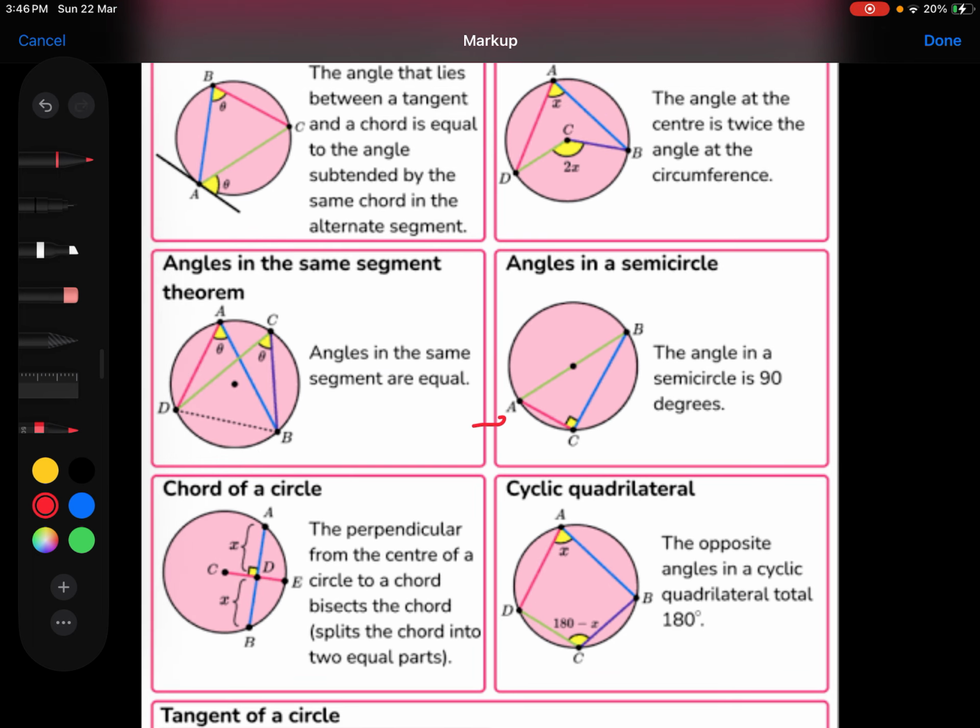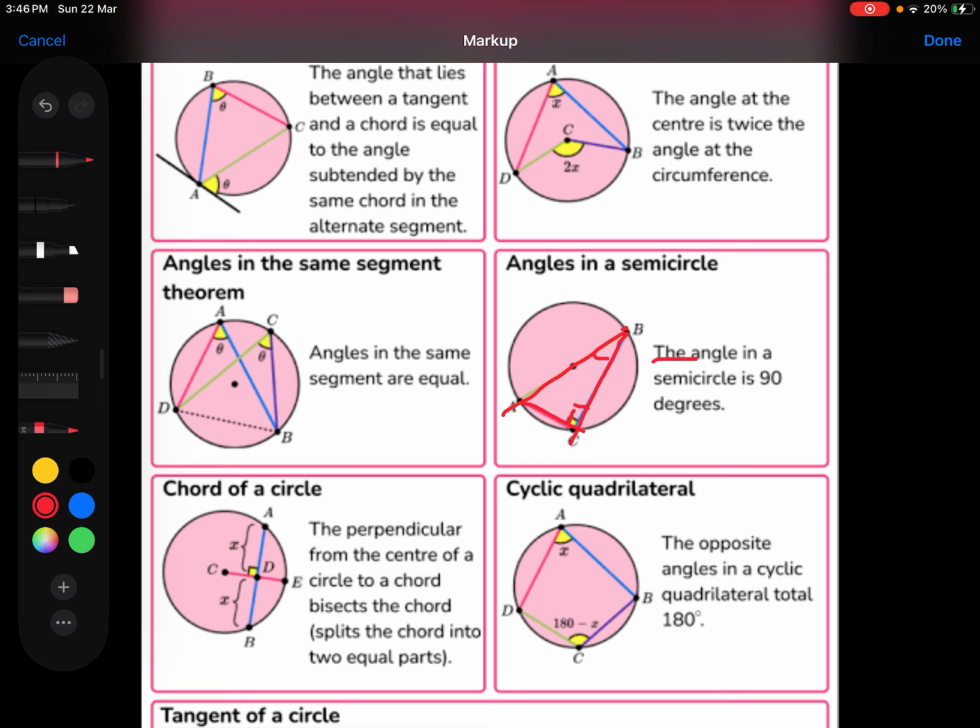Angle in a semicircle. As you see, there's a chord over here, and then there is a point B. But this line AB crosses the middle, and then this BC, so this is the angle over here. This angle is 100% 90 degrees if this happens.